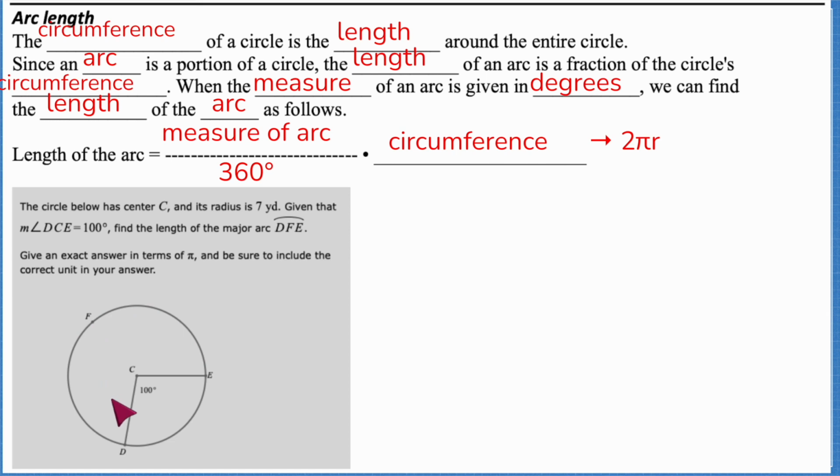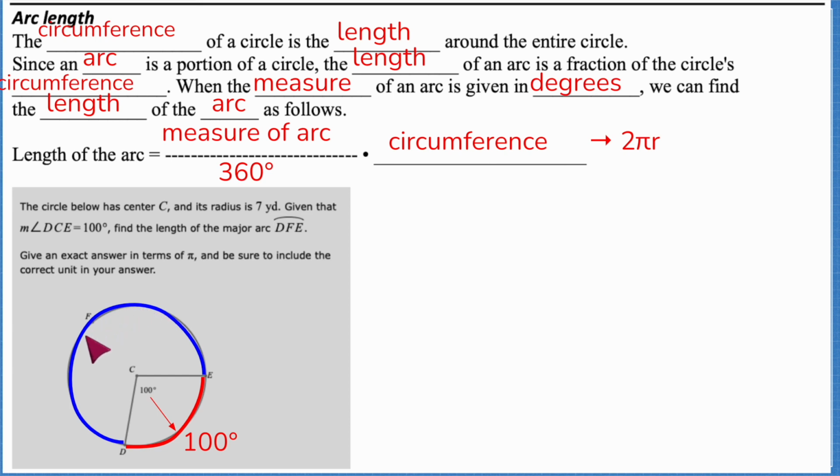So let's look at the diagram here and see what we can figure out. First of all, I need to know what the measure of the arc is in order to use this formula. So if we think about what we know about a central angle, because this C is the center and I have this angle coming off of it, I know that this arc is 100 degrees because it's the exact same as its central angle.